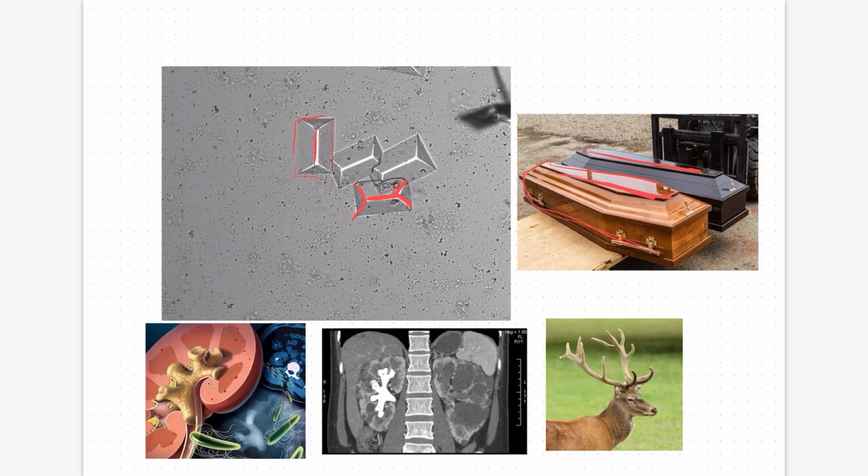Since it has three lines, you can remember these are triple phosphate crystals, which give this coffin lid appearance.